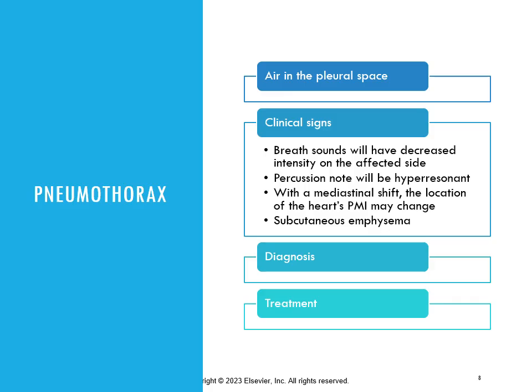For small spontaneous pneumothoraxes where the patient doesn't have any symptoms and they're stable, we can give 100% oxygen and monitor and do serial chest x-rays to make sure it's resolving. If it is a larger pneumo or the patient is unstable, or if they have a tension pneumothorax, the treatment of choice is a chest tube.